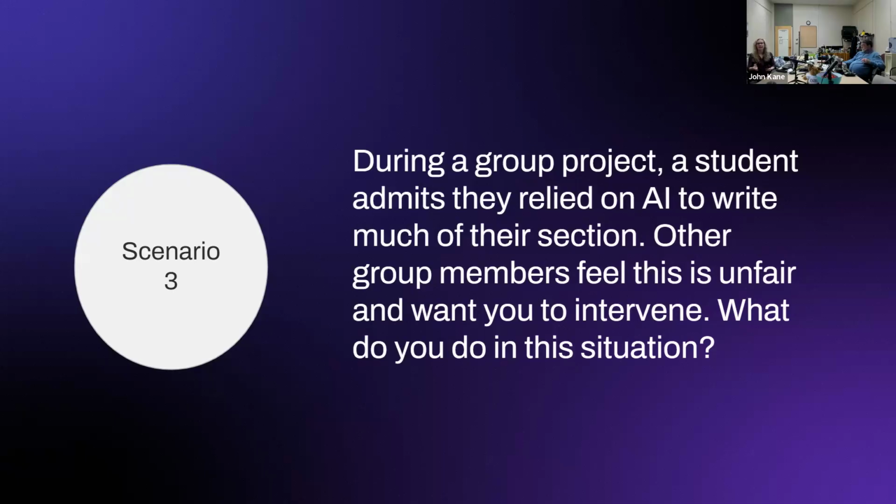So it would be really easy, like we talked about, to say, listen, this was in the initial assignment sheet, that this is something you're not supposed to do, rely too much on AI to write this section. So you could always refer back to that.